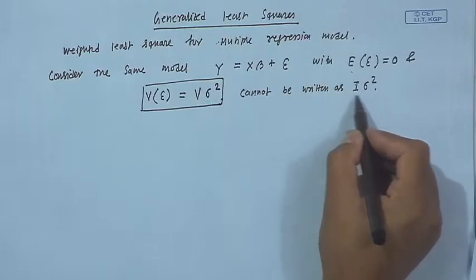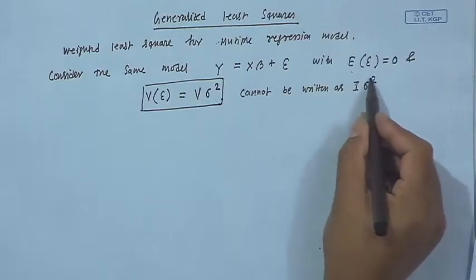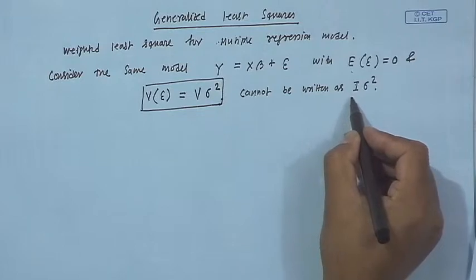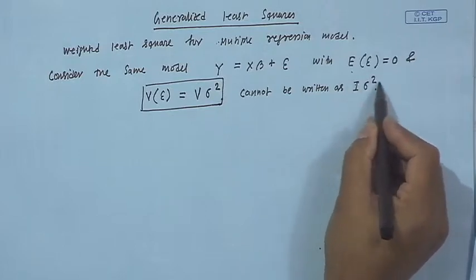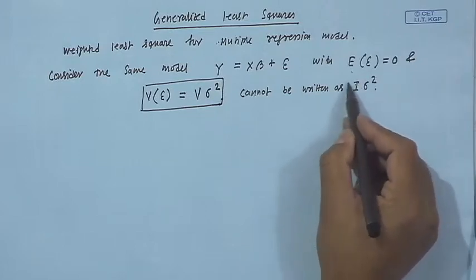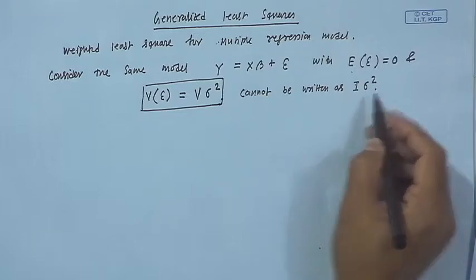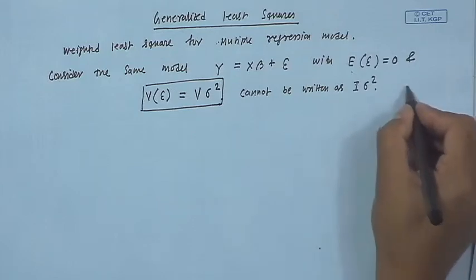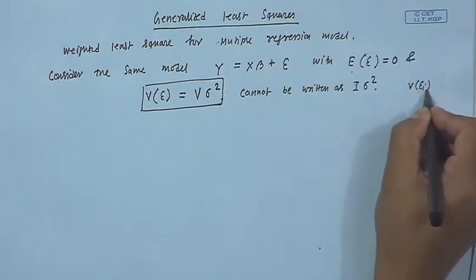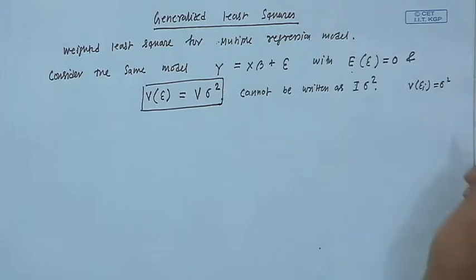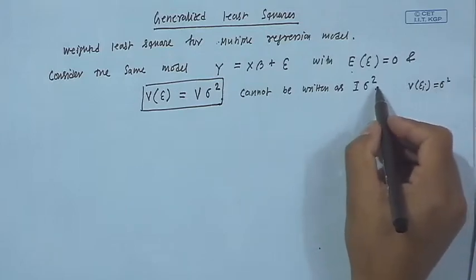So, sigma square I means here the constant variance assumption is true. That means, variance of epsilon i is equal to sigma square for all i, and they are uncorrelated.